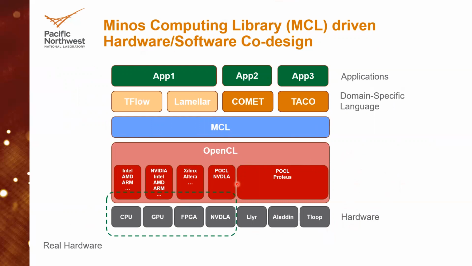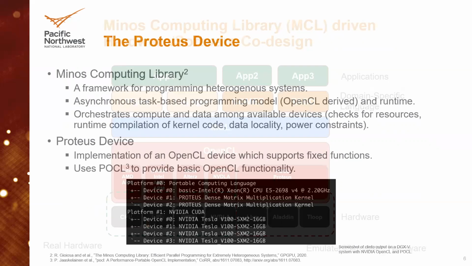Your system is composed of real hardware devices, where it may be CPUs, GPUs, FPGAs, and then sitting in parallel with this is an emulated hardware device which simulates the functionality of fixed function accelerators. We call this the Proteus device, and the functionality for this could come from multiple hardware accelerator simulators.